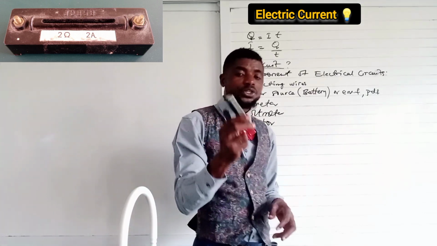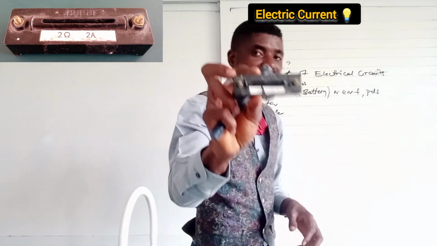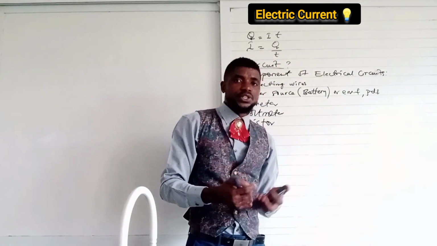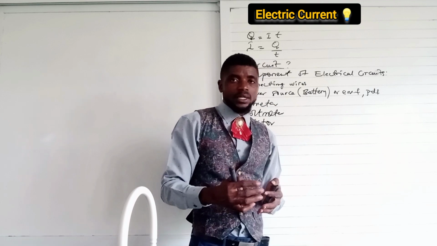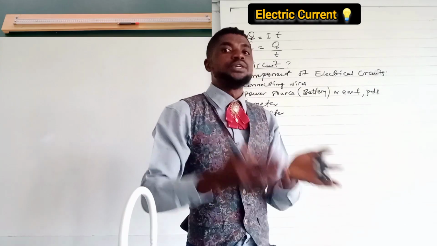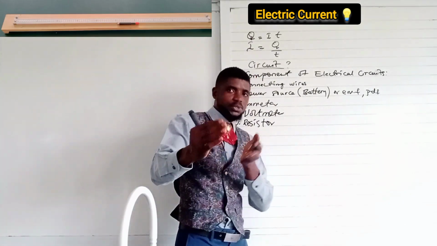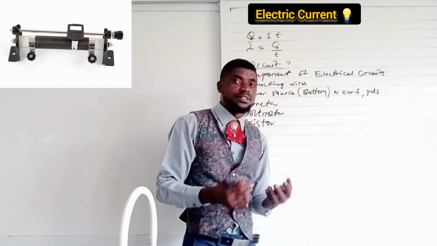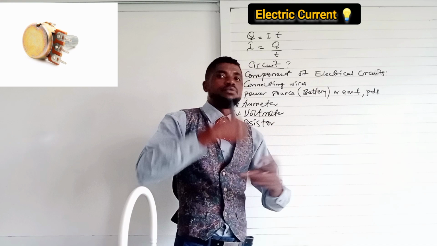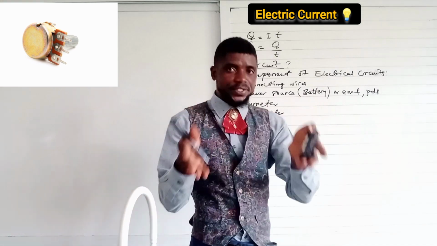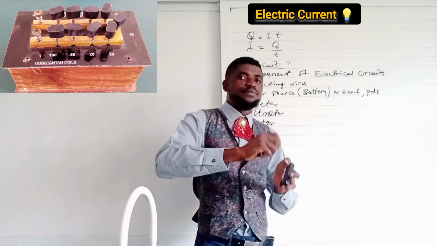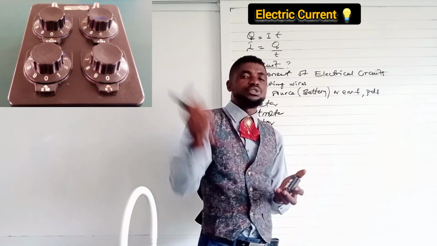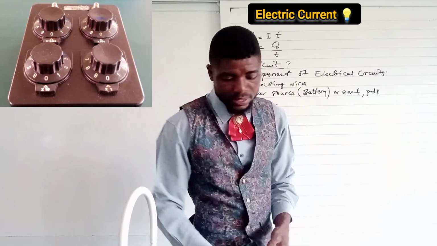The one I'm holding in my hand here is the standard or the fixed resistor. For the variable resistor, we have examples like the potentiometer or the rheostat. As the name implies, the value of the resistance is not fixed, but it can be varied based on the value that you intend to use in your experiments.